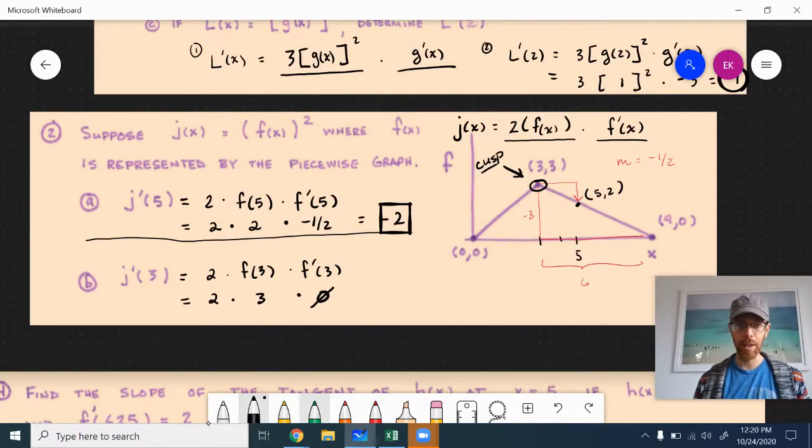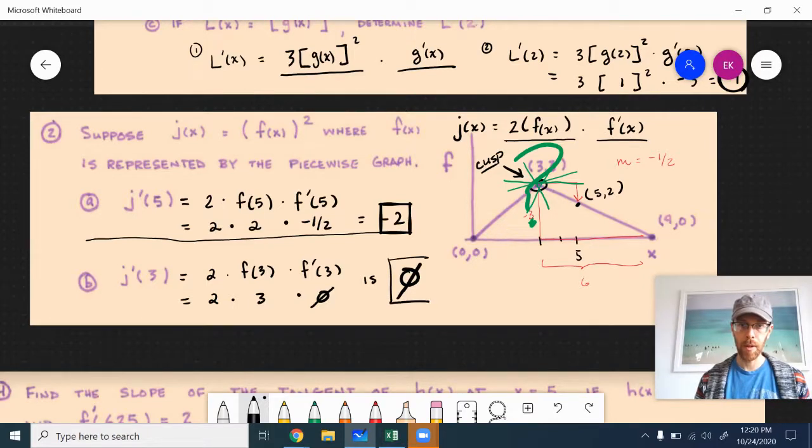You can't draw a tangent here. You can try. You could be like, boop, but there's no reason that should be the tangent, because like that could be the tangent, or that could be the tangent. Anyway, woo, right? So if any part of this expression here doesn't exist, then our derivative would be undefined. That's our answer.